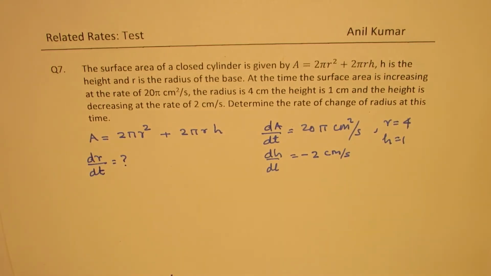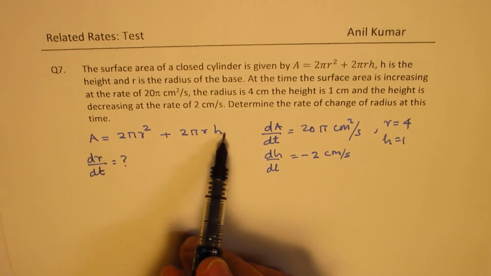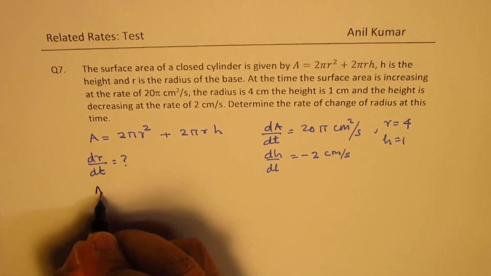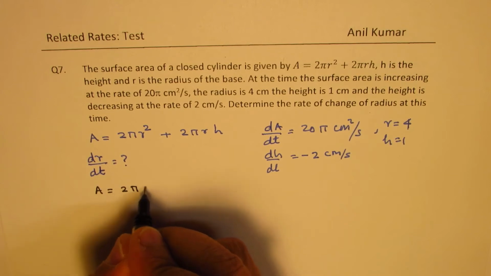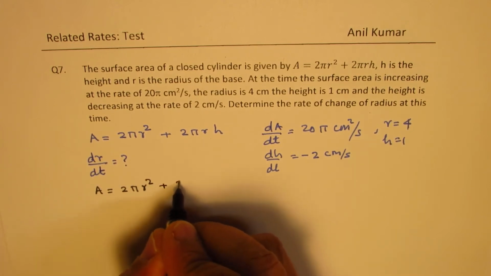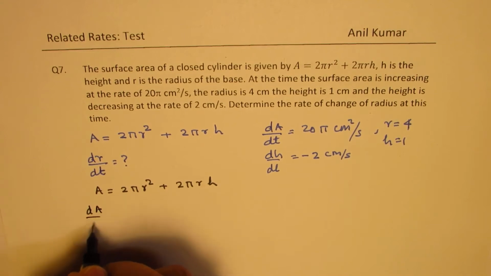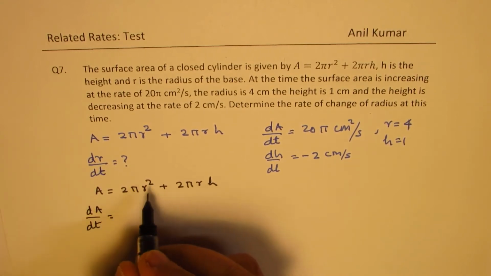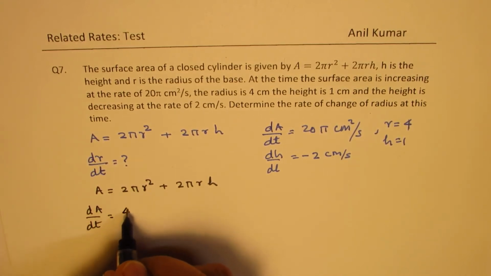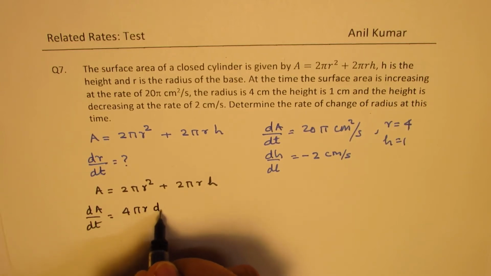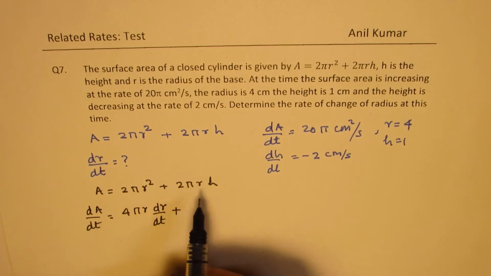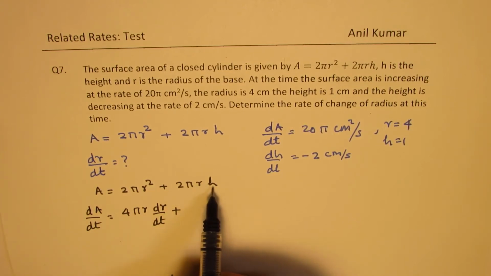Now we have the expression. We can just find the derivative with respect to time. So we get A equals 2 pi r square plus 2 pi r h. dA/dt will be 2 times 2, 4 pi r dr/dt plus, now here both r and h are changing, right?